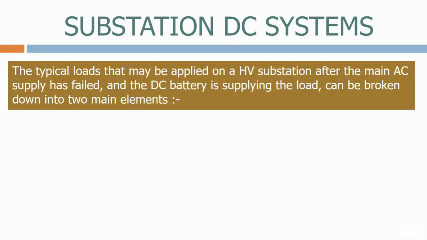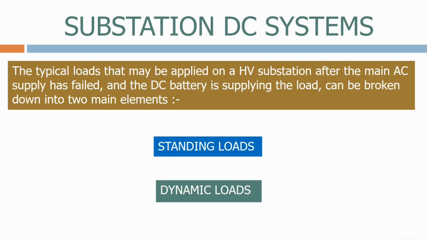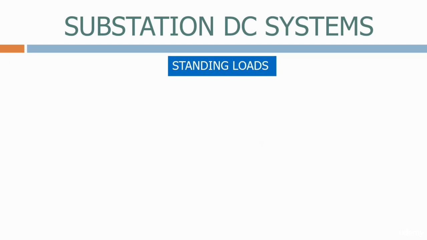The typical loads that may be applied on a HV substation after the main AC supply has failed and the DC battery is supplying the load can be broken down into two main elements: standing loads and dynamic loads. Let's look first at standing loads.